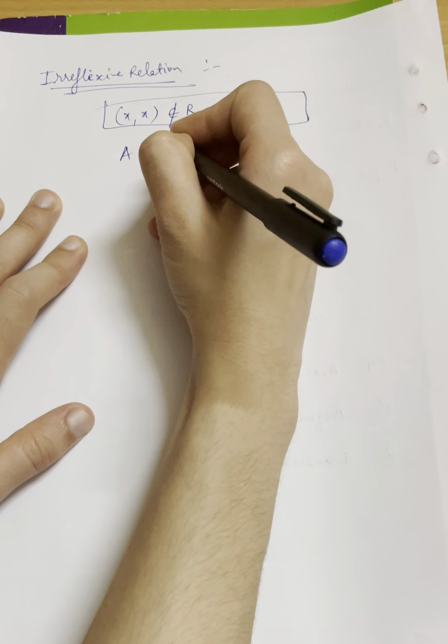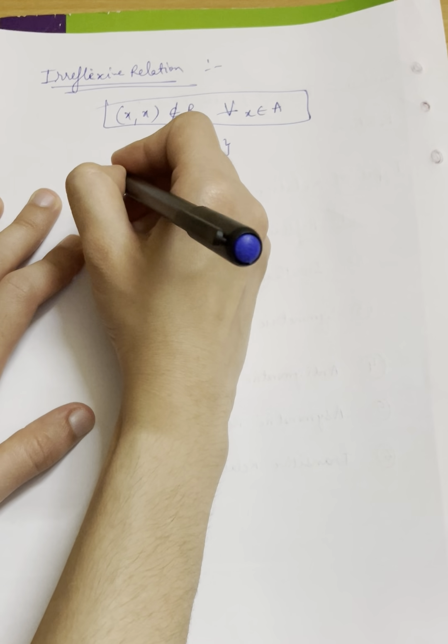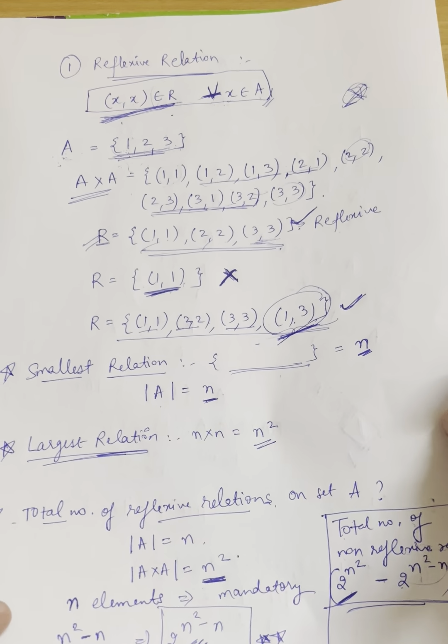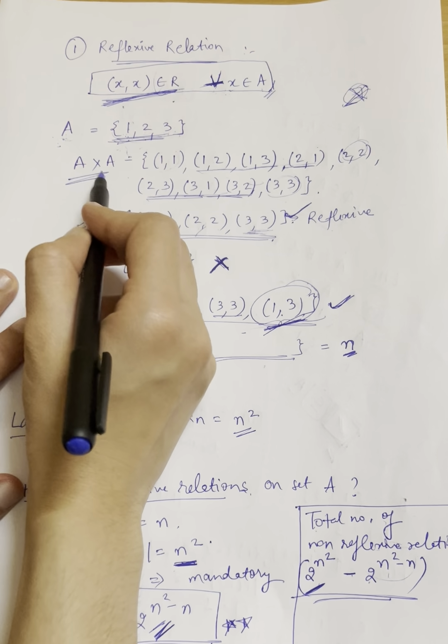Okay, so the same example I will take, 1, 2, 3. You know the Cartesian product. And one more thing which I forgot, one question I need to answer: why set A, why both sets are the same.